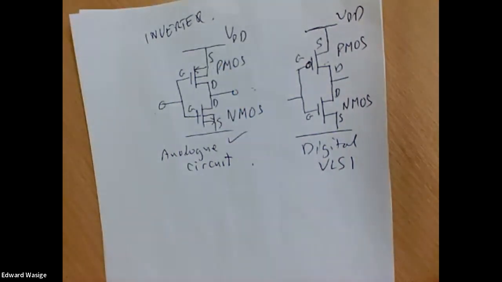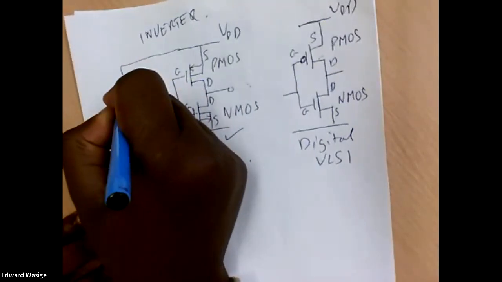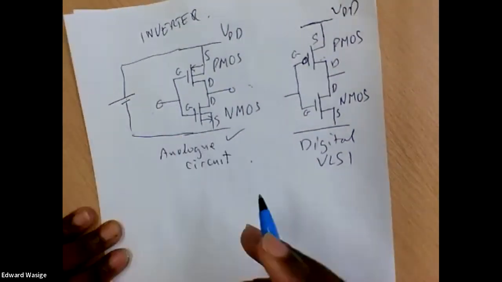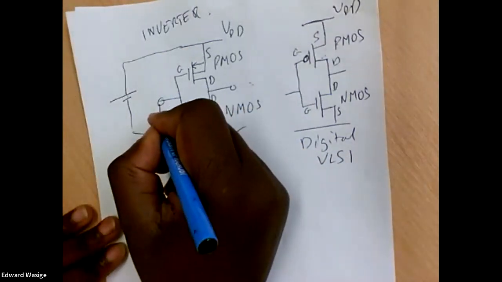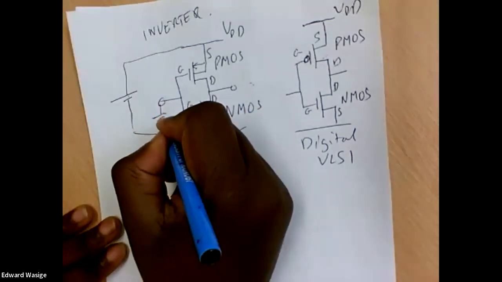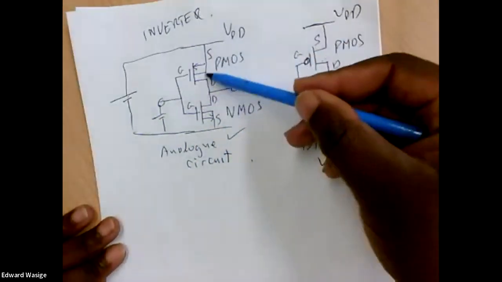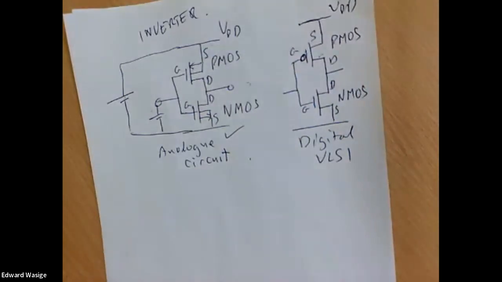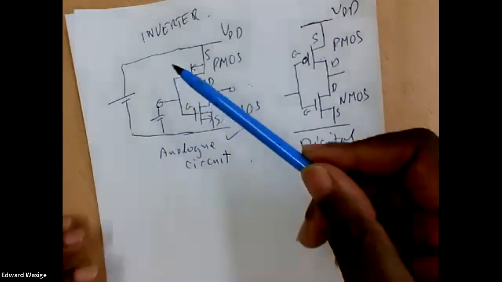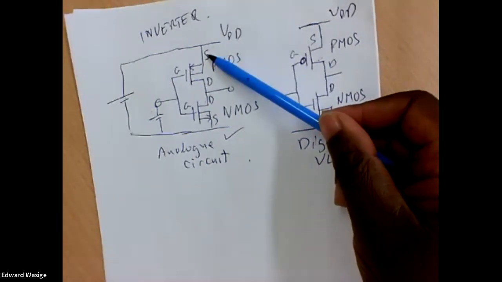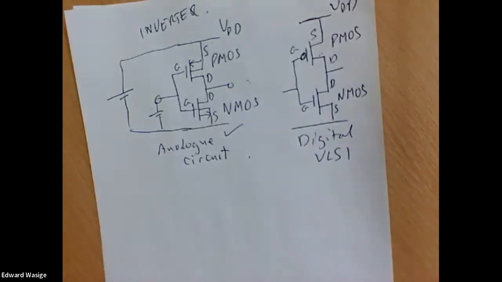But the PMOS device will always be flipped because, like VDD, we only have one battery. And this one battery supplies positive potential to the NMOS device, and it supplies negative potential to the PMOS device. So for that reason, the PMOS device is always flipped. The source is always the top electrode, and the drain is always the bottom electrode.